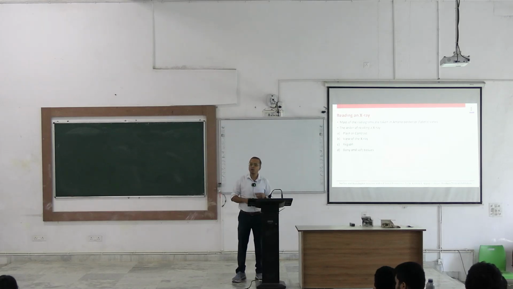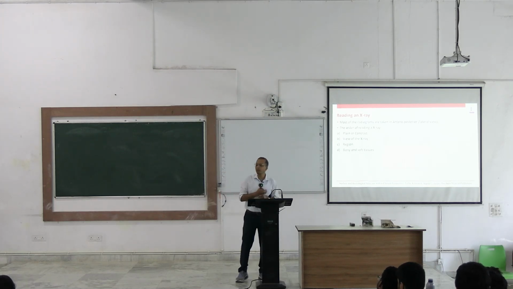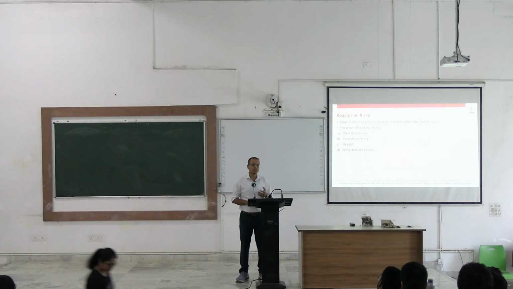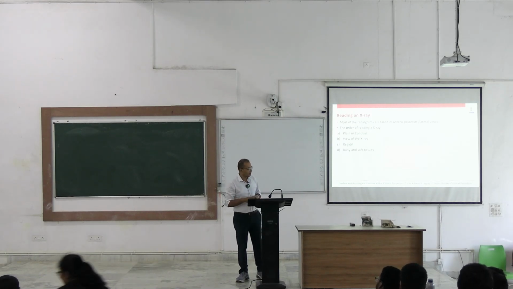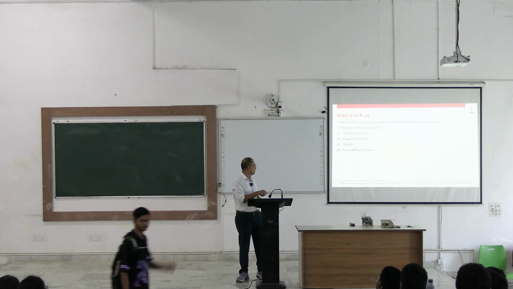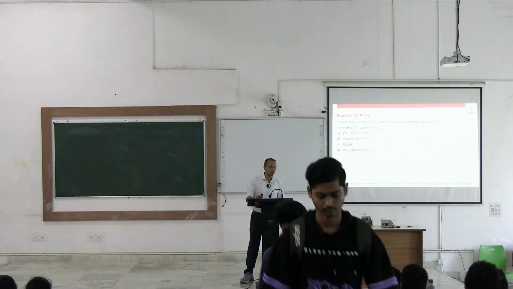Next is what you are seeing in the plate whenever you are observing. That means the region you have to describe. If it is upper limb, you have to specify which part of the upper limb, like arm, hand, finger, etc. So the region of that X-ray plate, you have to describe.